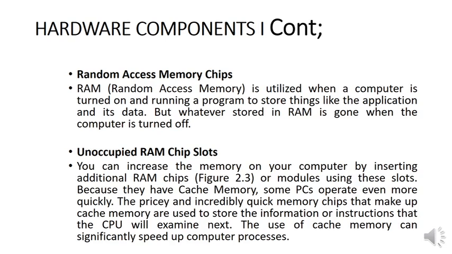Do you get me? So now, we are talking of random access memory. It is utilized when a computer is turned on and running a program, to store things like the application and its data, but whatever is stored in the RAM is gone when the computer is off. RAM and ROM are two different things.